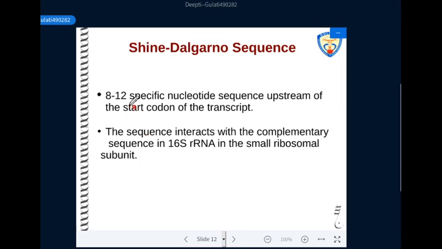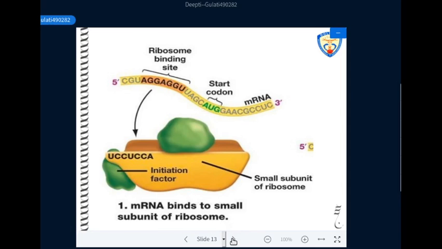Now this is an 8 to 12 nucleotide specific sequence which is present upstream of the initiation codon of the messenger RNA molecule. Complementary to the Shine-Dalgarno sequence is a sequence present in the 16S rRNA, which is a component of the small ribosomal subunit. So the small ribosomal subunit interacts with the Shine-Dalgarno sequence because it has a complementary sequence present in its 16S ribosomal RNA molecule.